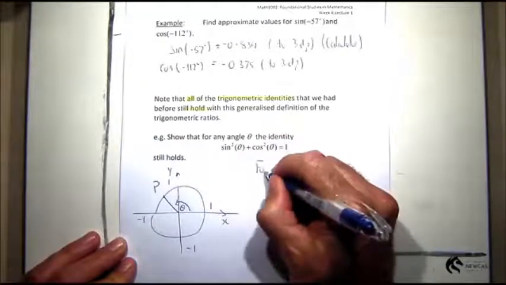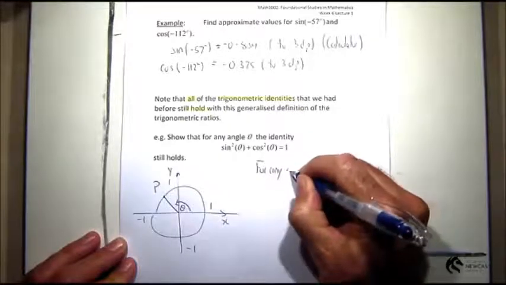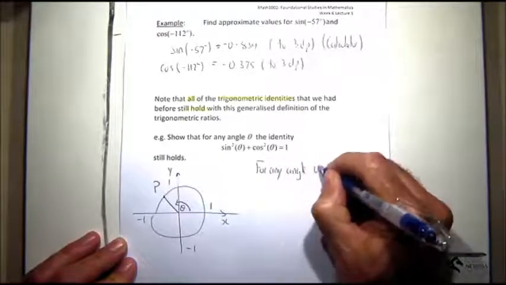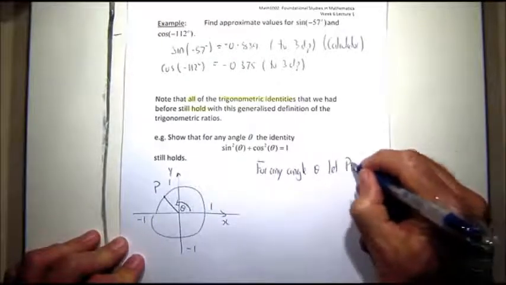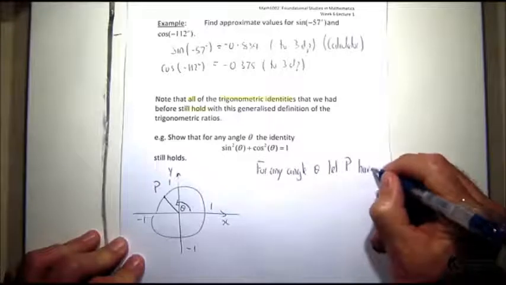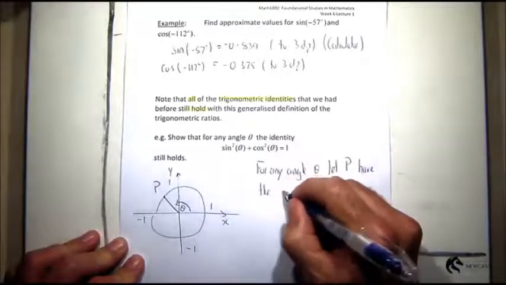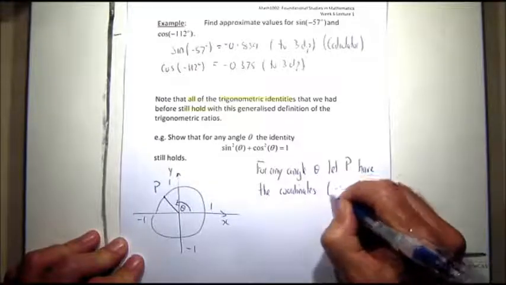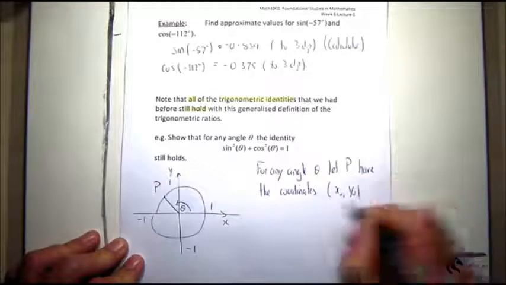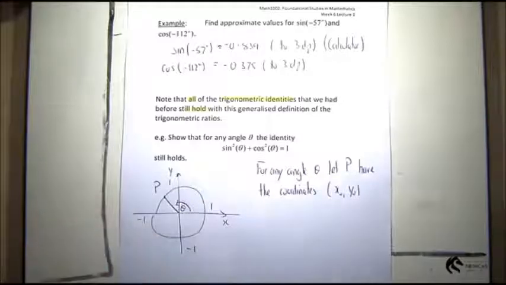So I'll say for any angle theta, let P have the coordinates x0, y0. So, what do we know about x0 and y0? By definition, we know that x0 is the cosine of theta and y0 is the sine of theta.